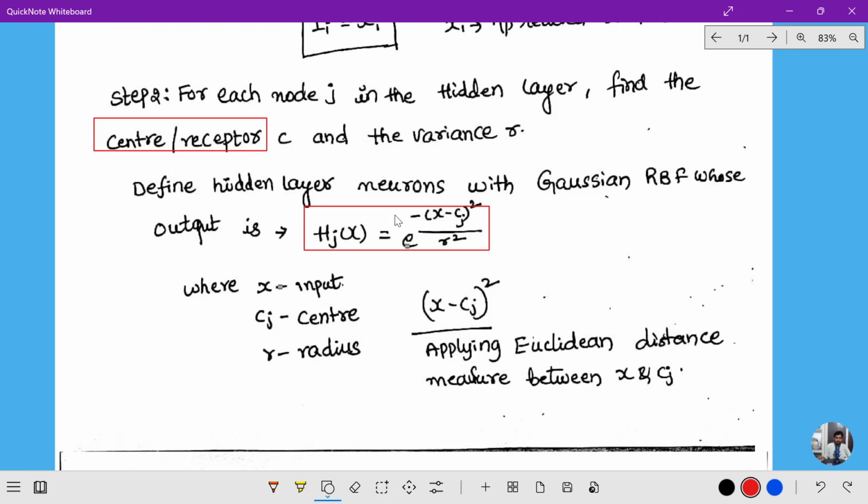By using this one, we are going to find the distance. Here x is the input, c_j is the center and r is the radius. Now what is the meaning of (x - c_j)^2? This is applying the Euclidean distance measure between x and c_j.